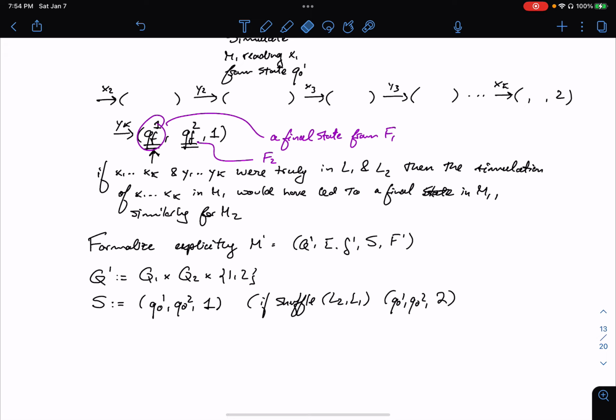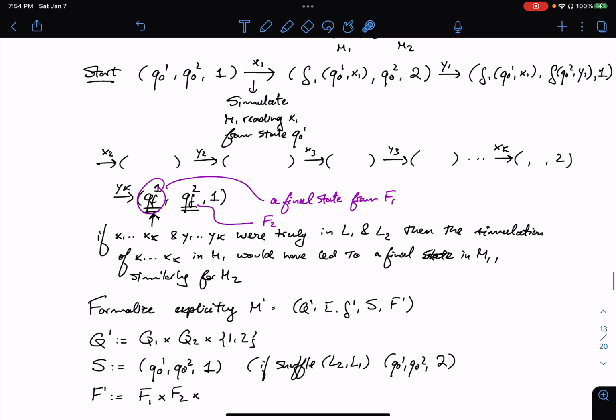And lastly, the set of final states, right? Before I do the transition function, the set of final states is all the final states. So you have to be in a final state in the machine M1 and in a final state in the machine M2, and you have to be back in the simulation for 1, right?